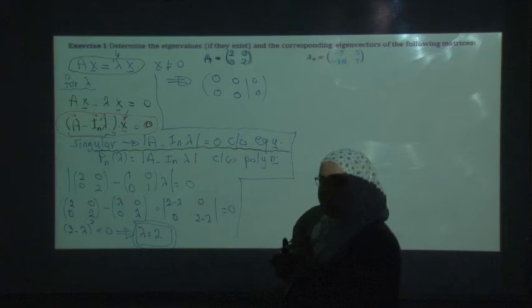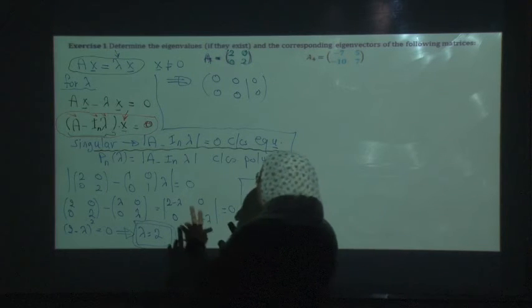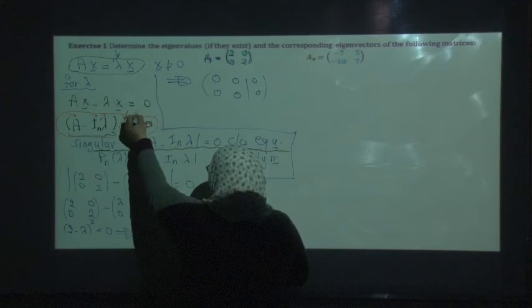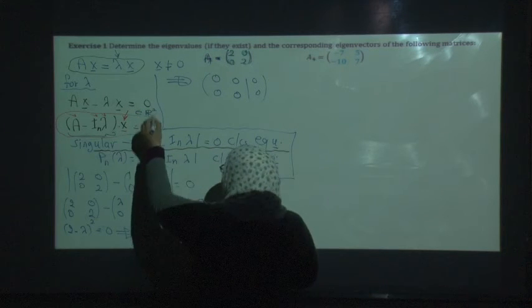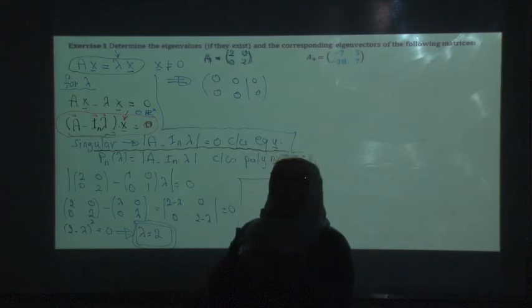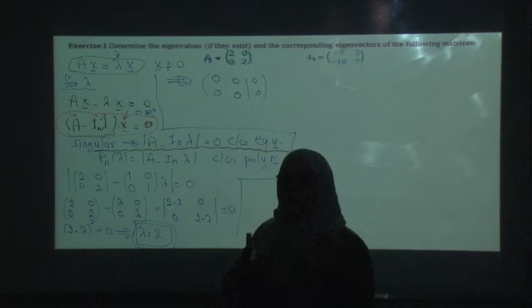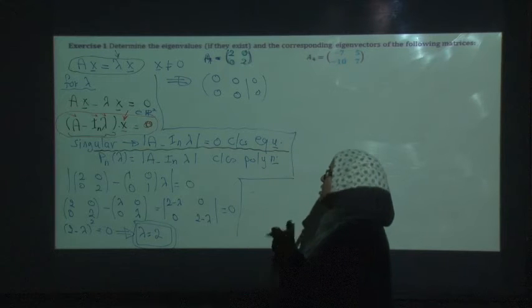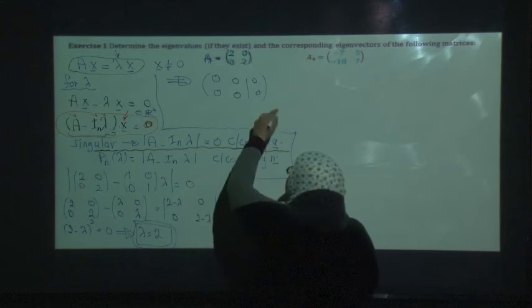We have two unknowns, right? We were looking for a vector x which belongs to R2 because we are dealing with an n by n matrix. Here it's 2 by 2, so we were expecting a vector which belongs to R2. Here we have a free term.